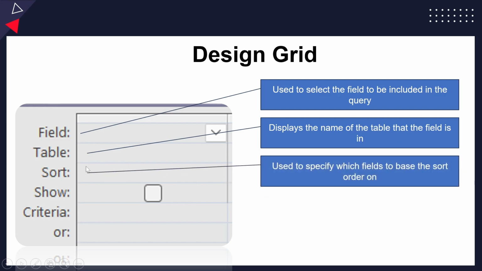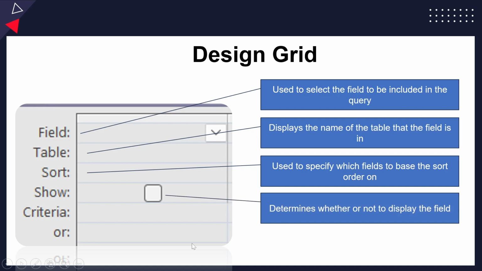Well, the other part is Sort. Sort is used to specify which fields to base the sort order on. At times, in your query results, you may wish to sort data according to given conditions. So we'll use this part to sort our data by selecting the field and selecting the order.